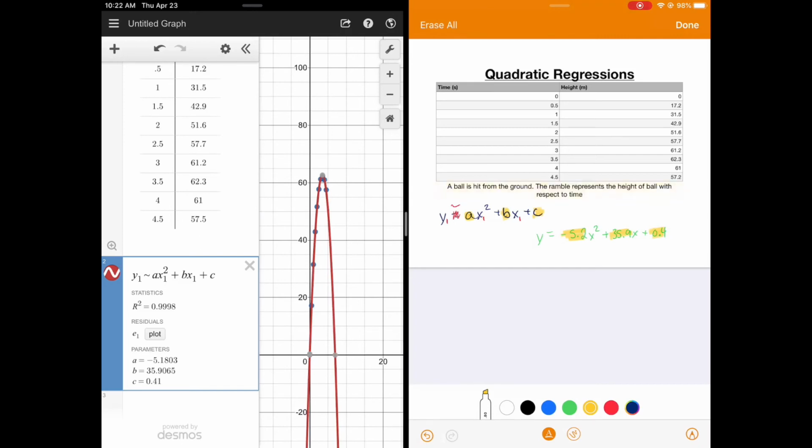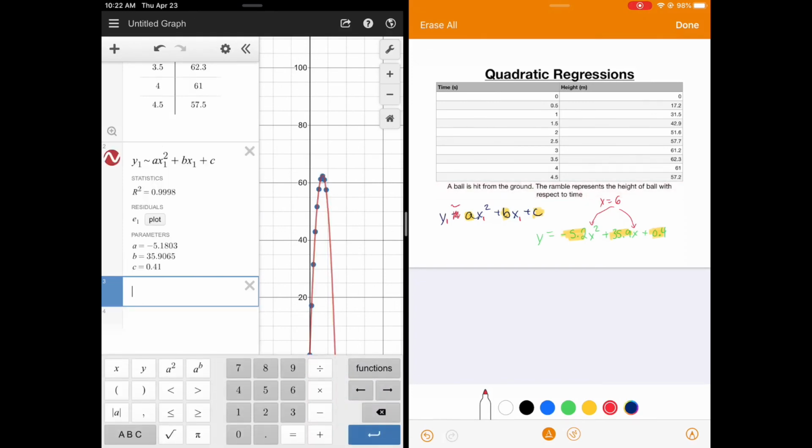to instead. And then sometimes a problem will ask you, what is the height of the ball after 6 seconds? So when it does that, what it's doing is it's saying, what is the height when x is equal to 6? So all we do is we plug in 6 for our x values.